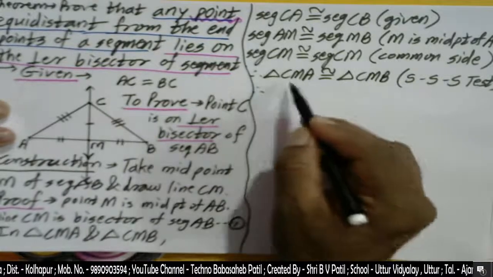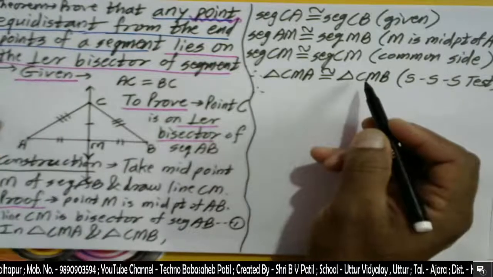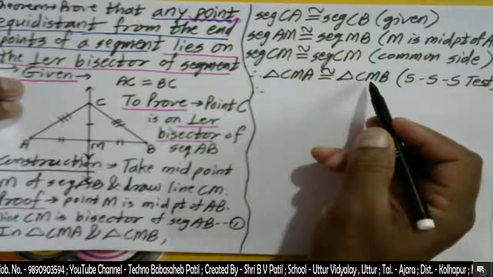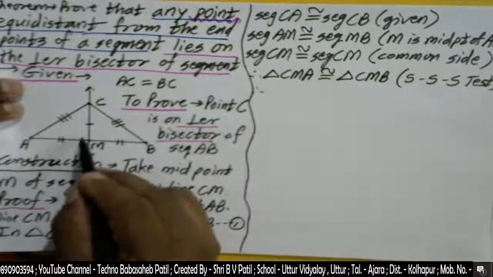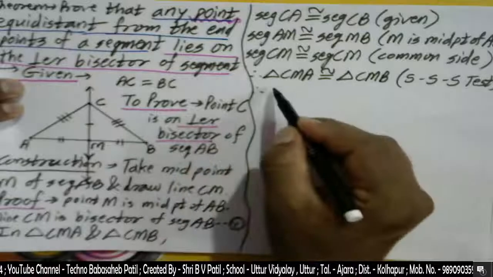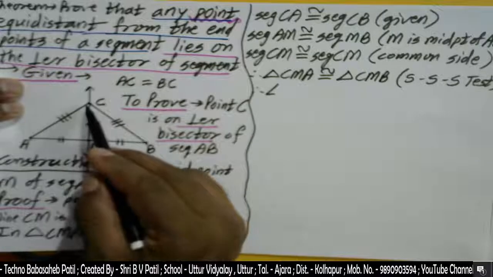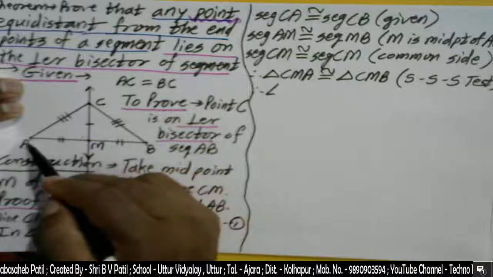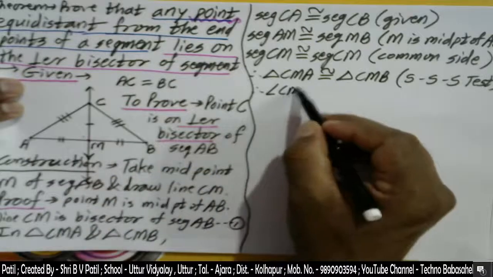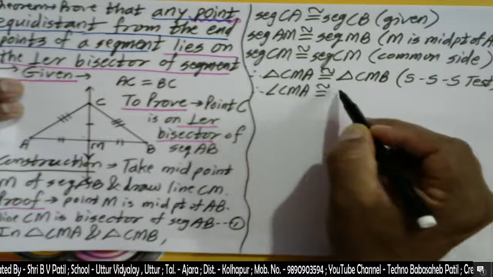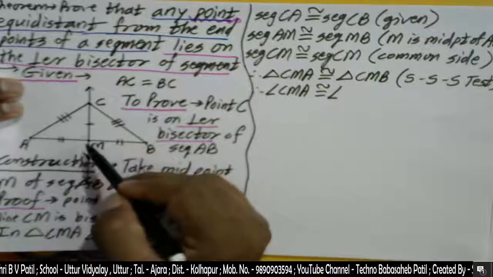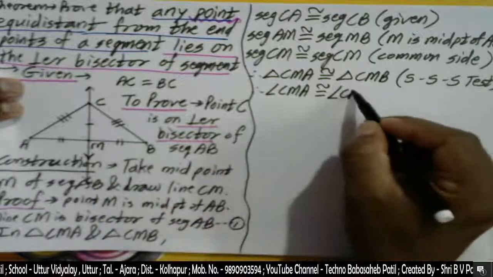If two triangles are congruent, then corresponding angles are congruent, that is angle CMA is congruent to angle CMB.